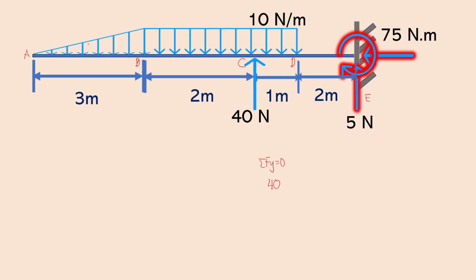And so, to get the resultant of this triangular load, we need to get the area. Now, diba, this is 10 Newton per meter. And so, yung height ng triangle dito is still 10 Newton per meter. Now, this will have a resultant force dito. And then, yung area nito will be, diba, 1/2 times base times the height. And so, yung area natin will be 1/2 times the base, which is 3 meters.